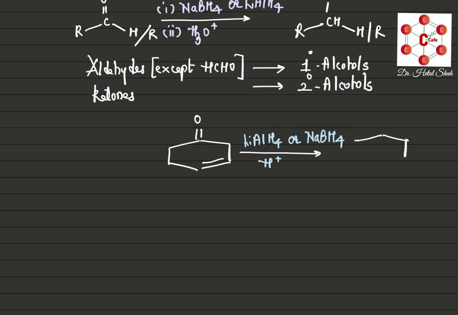So what we get is the double bond remains intact. So one part gets H, the other part gets OH. It's like one H here and one H here, the double bond breaks, and you have a secondary alcohol formed. However, the same reaction you try to attempt with H2 plus Ni. Here you just write high temperature and pressure.